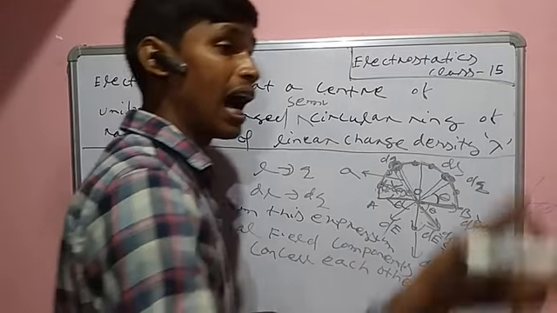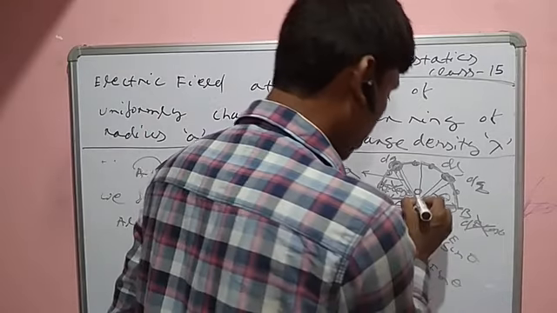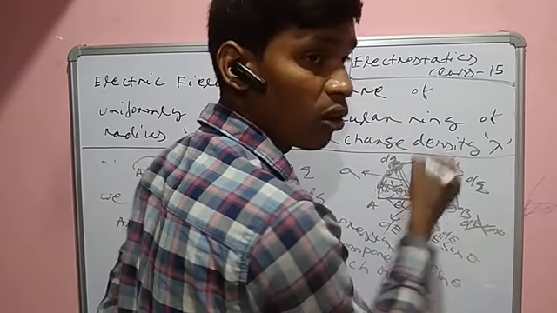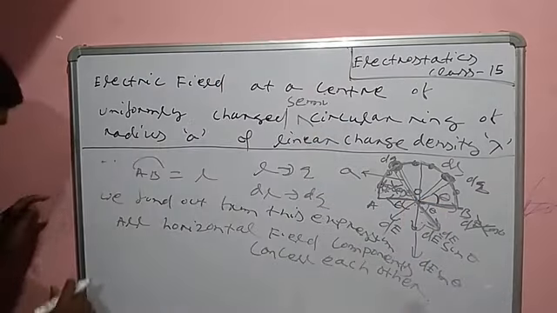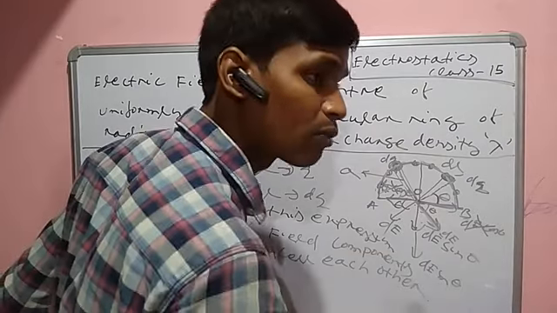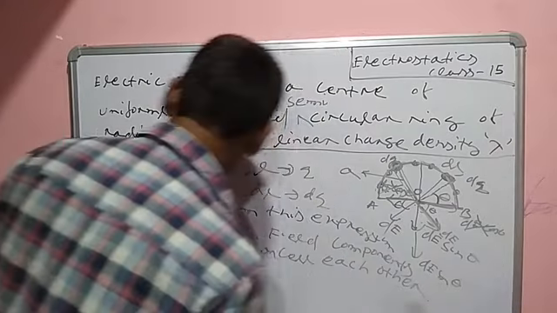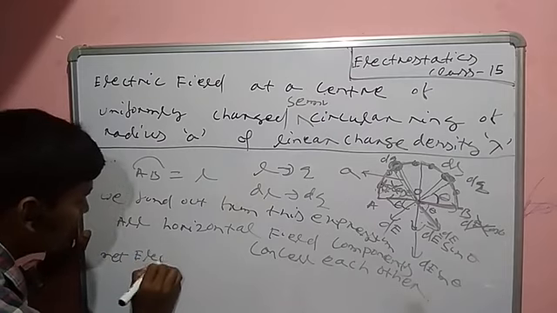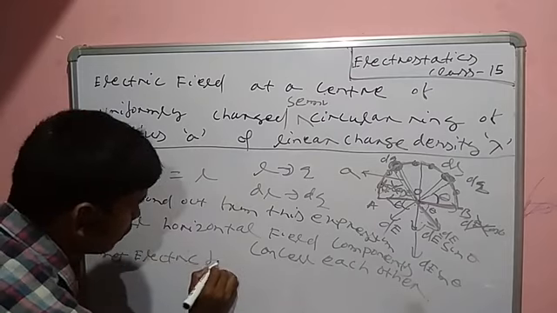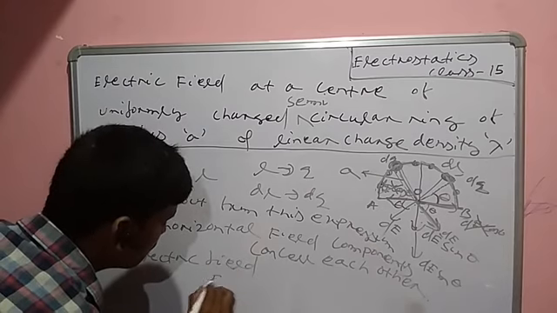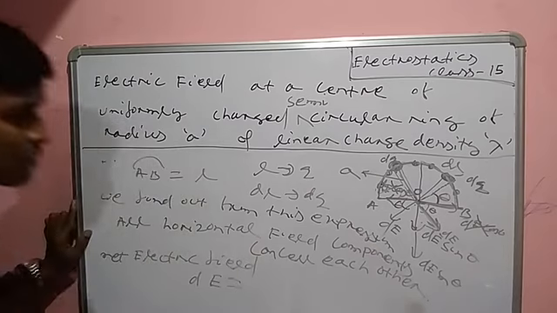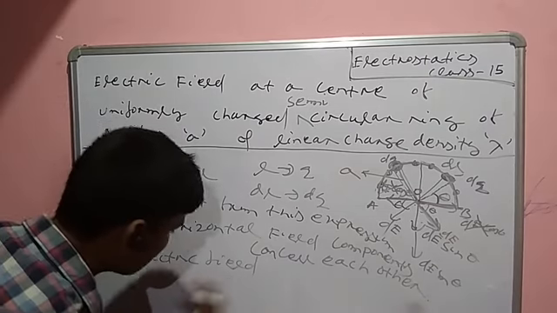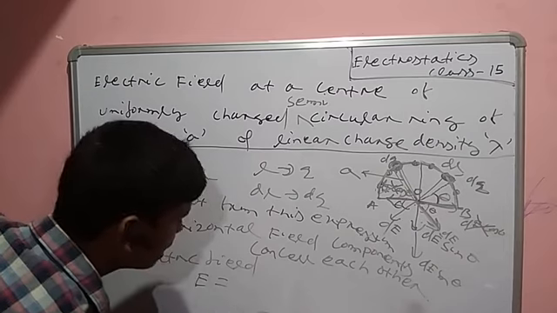But we have to find out the net electric field at the center O. So the net electric field we have to calculate from the vertical component. Net electric field dE is what?